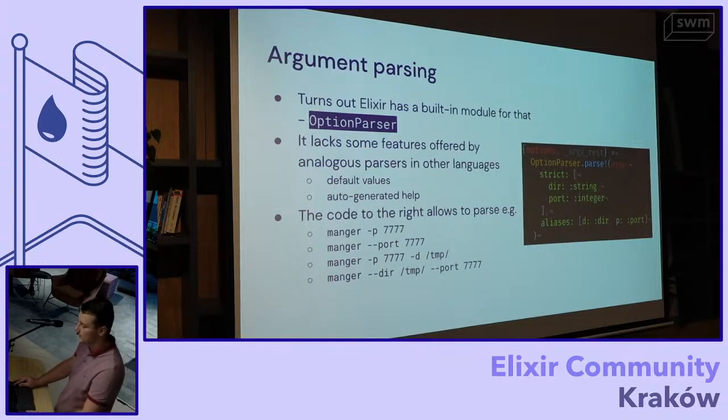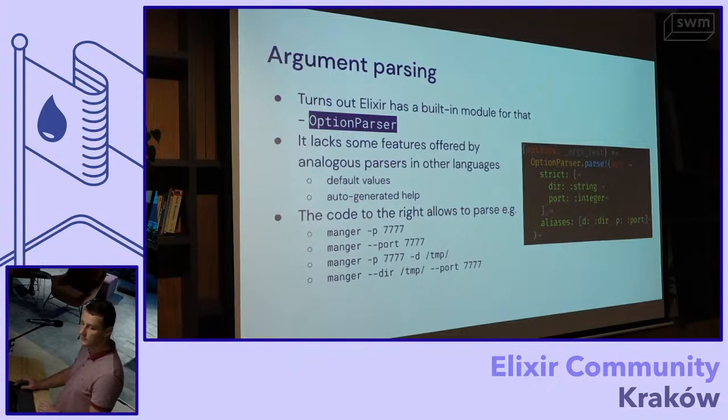Something that is common in other languages and is missing in the OptionParser are default values for the options. There is no way to say that by default I want to use port 8000 or something. I just need to add it to the result of the parsing.